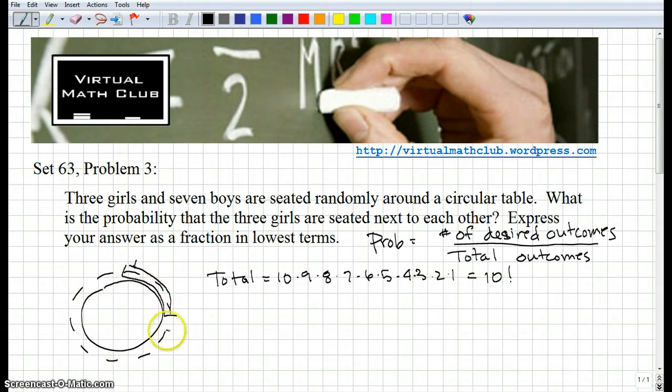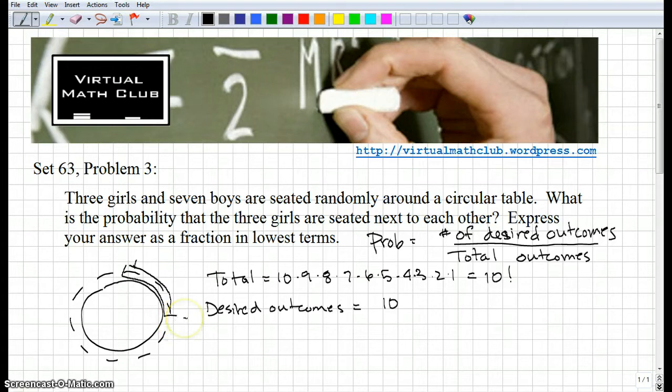So there are 10 ways. This is the desired part: we'll compute how many ways we can seat all these kids so that the girls are seated together. We have 10 ways to put the block of girls.